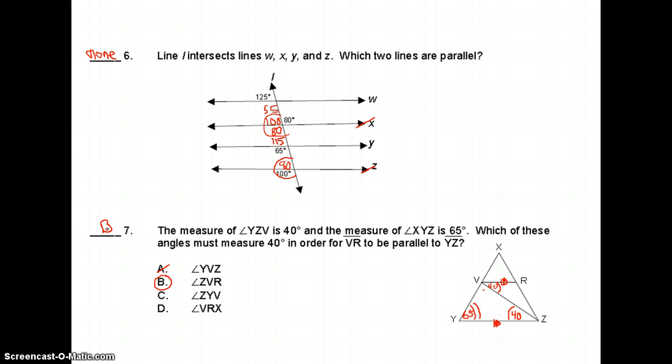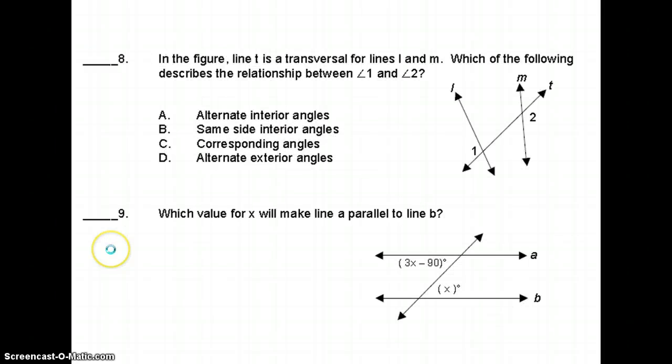Okay, next. 8. In the figure, line T is a transversal for lines L and M. Which of the following describes the relationship between angle 1 and angle 2? Okay, so we've got a transversal, which is T, right here. And these are lines that it's crossing.